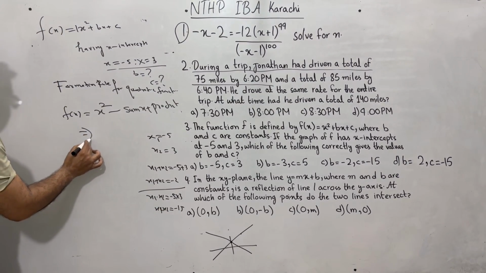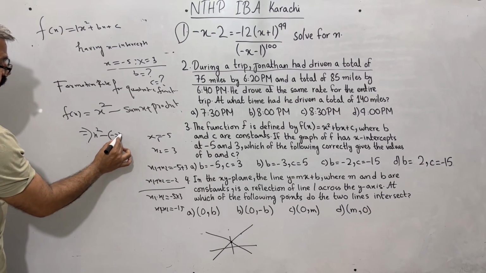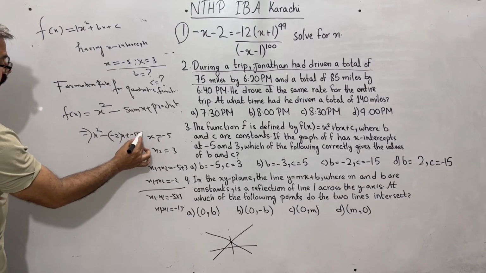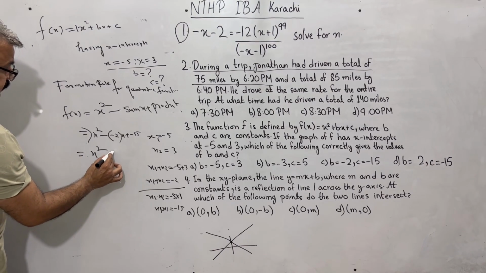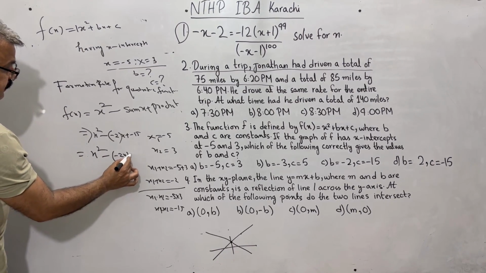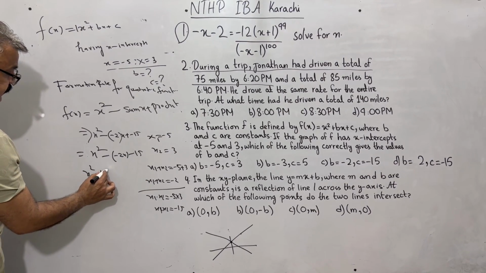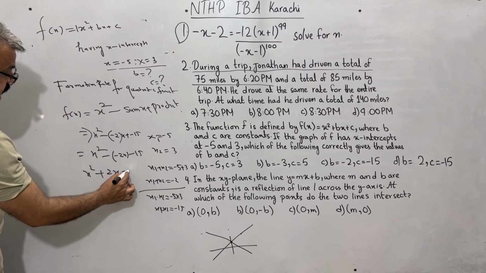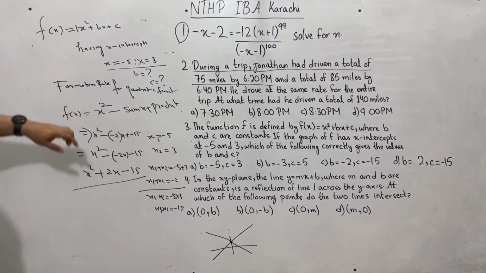So we have x square, the sum is -2, the product is -15. We have x square minus (-2)x minus 15, or one can write x square plus 2x minus 15.